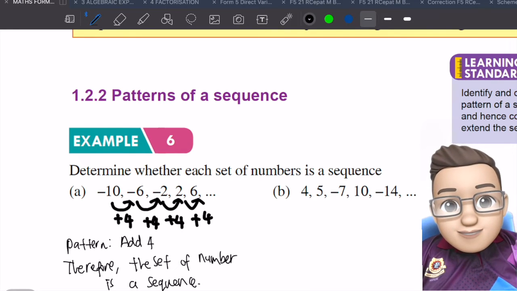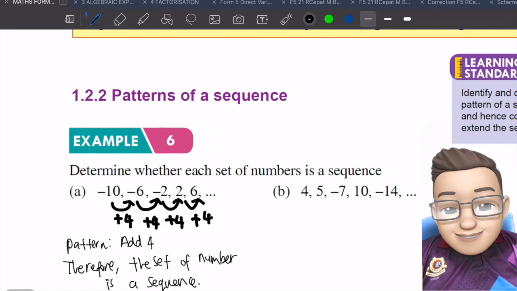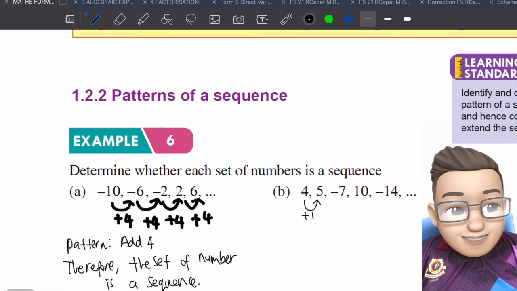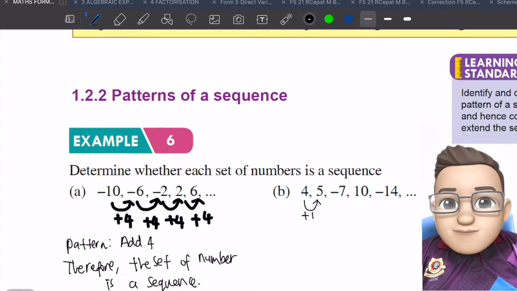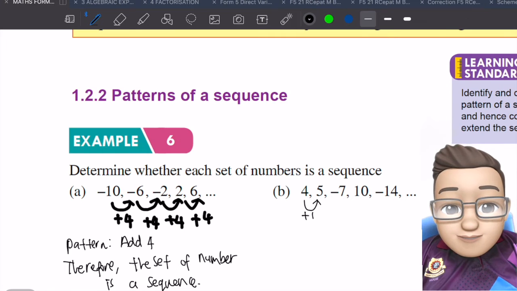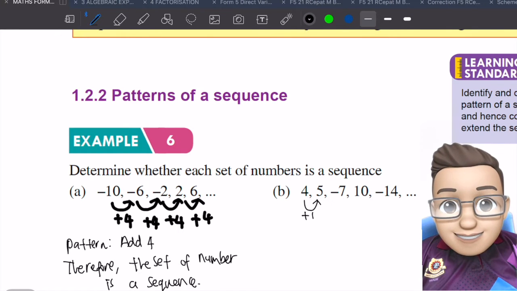Look at the next example, B. You have 4 and then 5. In order to get 5, we need to add 1. Then you have 5, and the next number is negative 7. How can 5 become negative 7?